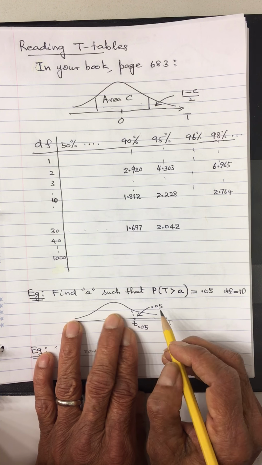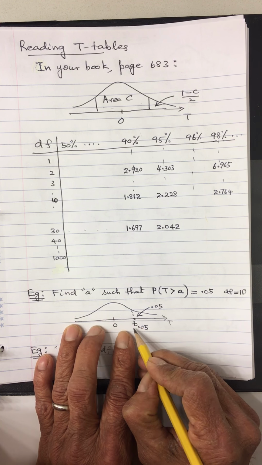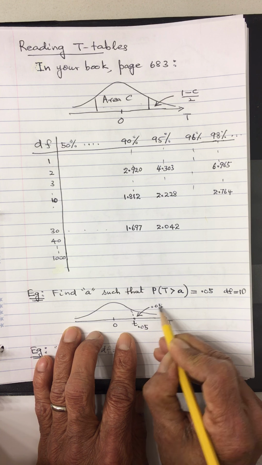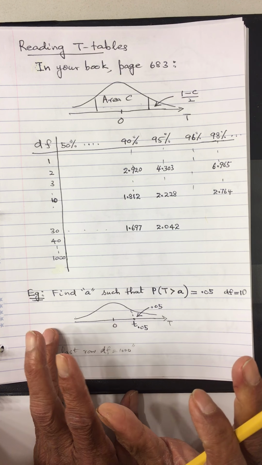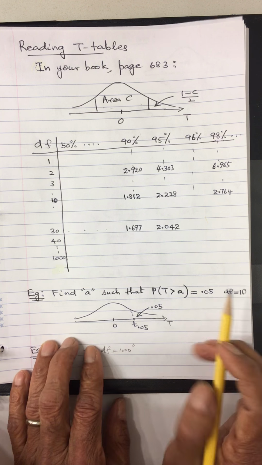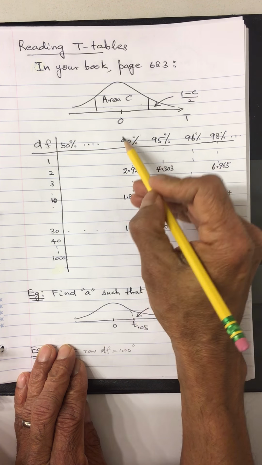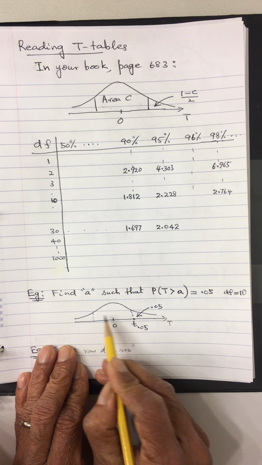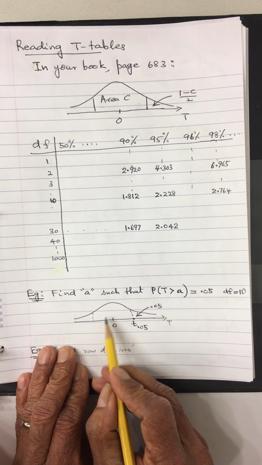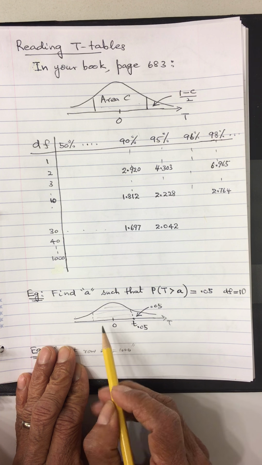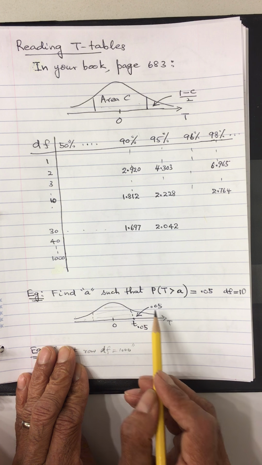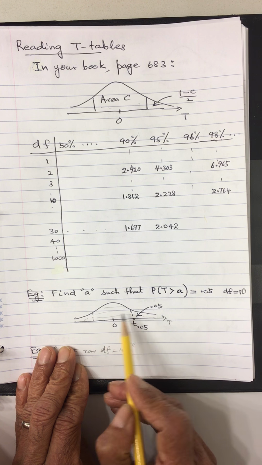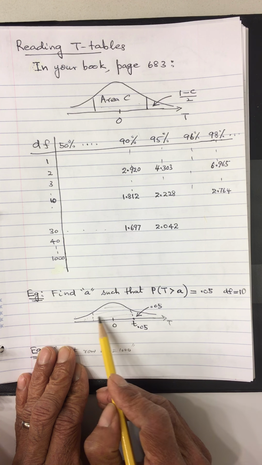Now suppose you want to find the value leaving 0.05 to the right. In other words, with this notation, if this part is 0.05, this part is 5% and the other tail is 5%. So within that, from here to here has got to be 90%.